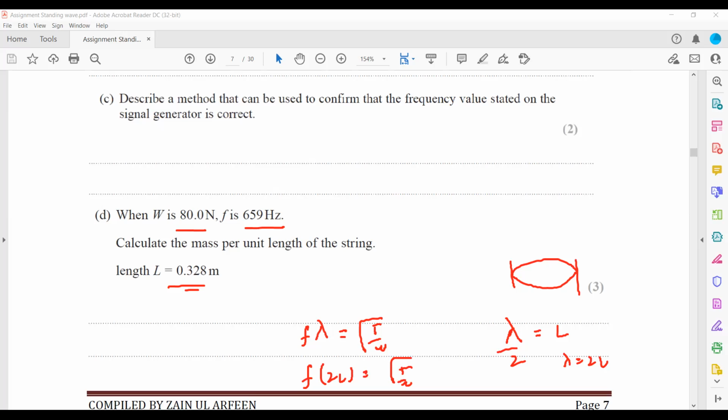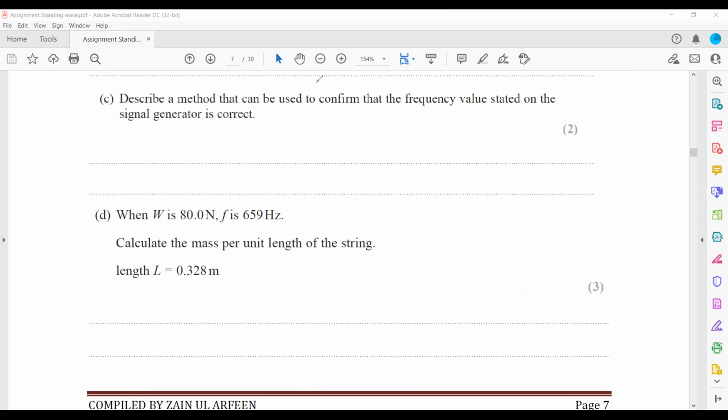Or we can also use the previous formula which we already derived, that f square is equal to T divided by 4L square mu. We have frequency, tension and length, so we can find the mass per unit length. We just have to substitute the values and get the mass per unit length.